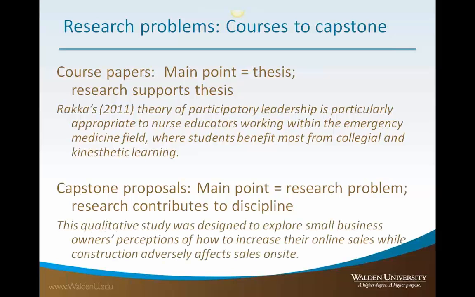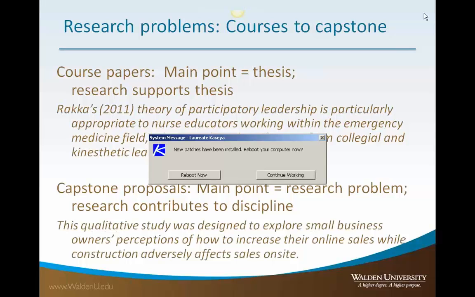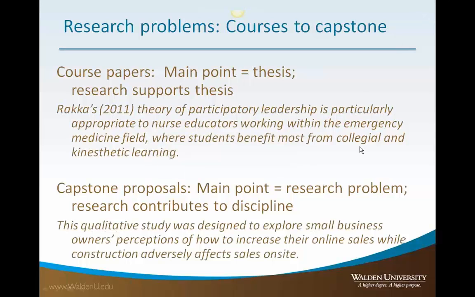So here's an example. This qualitative study was designed to explore small business owners' perceptions of how to increase their online sales while construction adversely affects sales on site. So it sounds like there was a problem here in the local community. Because of a construction project, certain business owners experienced a decrease in on-site sales.